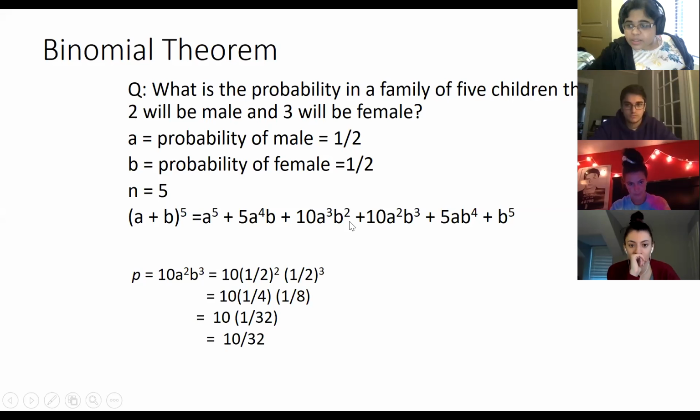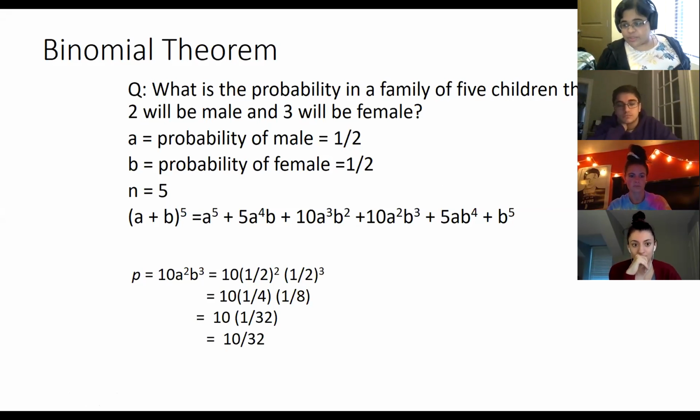What if we had 3 males and 2 females? Which term would we use in this one? The A cubed one. Yep. So essentially that's how you would narrow it down, okay? Just be careful of which exponents you're using and you should be okay.